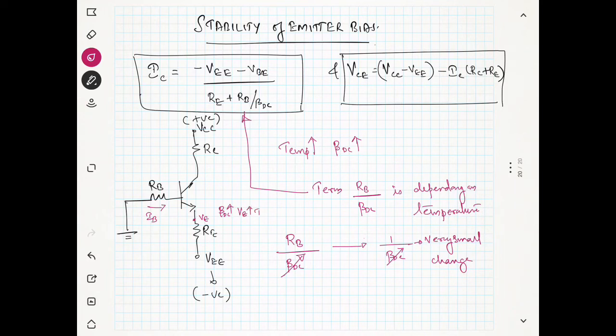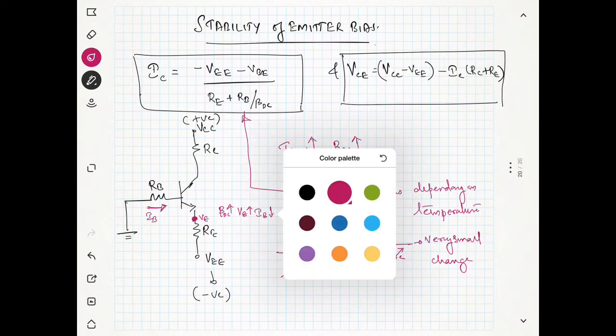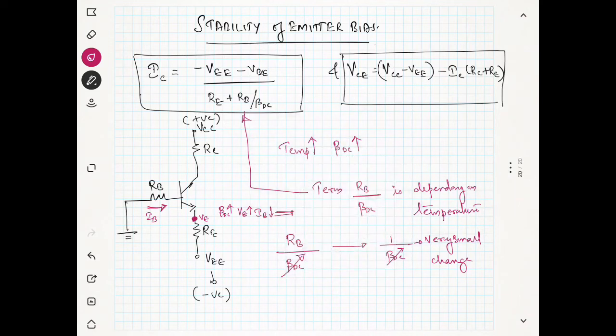Because the voltage at the emitter increases, the current IB will try to reduce, which will result in a reduction in IC, right? So whenever beta increases, actually IC increases. So we can draw this phenomenon like this.